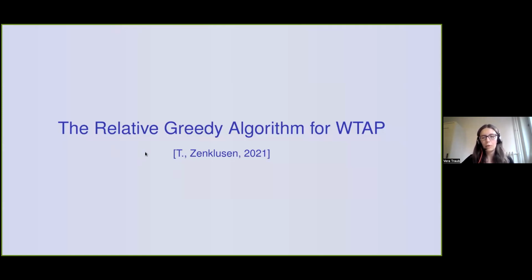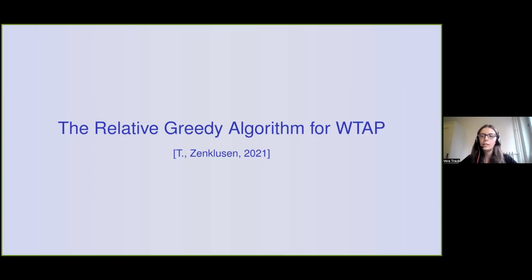Let's see how we can get better. And this is now some joint work with Rico Zenklusen. The algorithm we have here is a so-called relative greedy algorithm. Such algorithms have also been used previously for other problems, for example, for the Steiner tree problem.